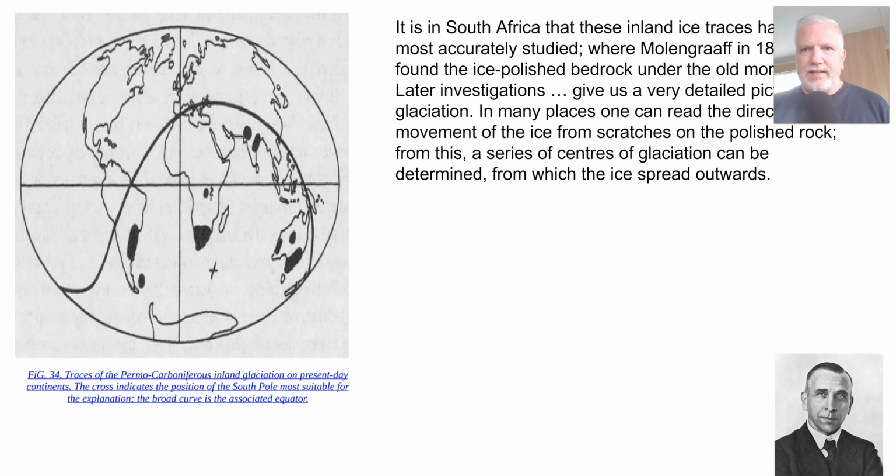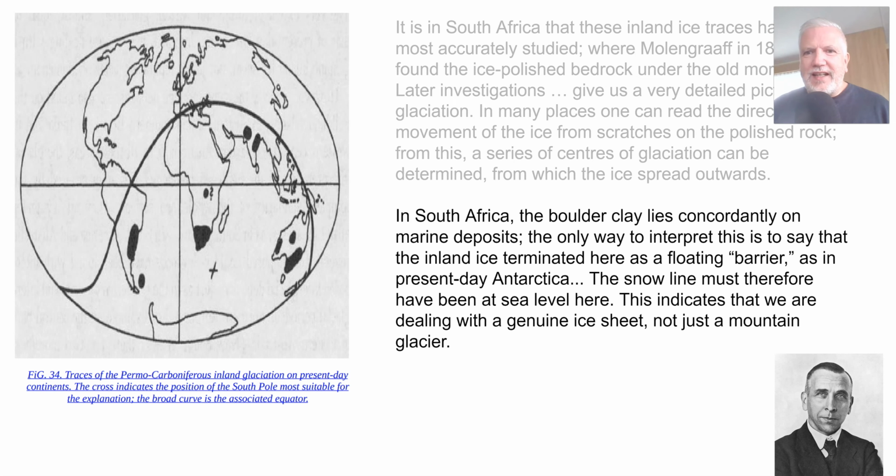In many places, he says, one can read the direction of movement from the ice, from scratches on the polished rock, and from this a series of centres of glaciation can be determined, from which the ice spread outwards. In South Africa, he says, the boulder clay lies concordantly along with the marine deposits. So in other words, the deposits of the boulder clay are lined up with the marine deposits.